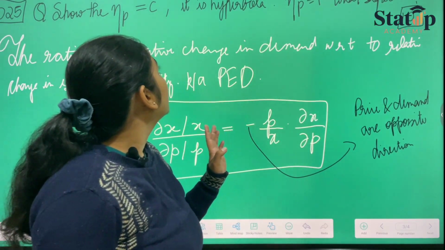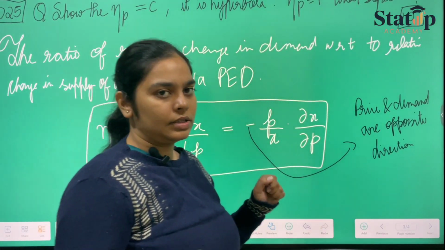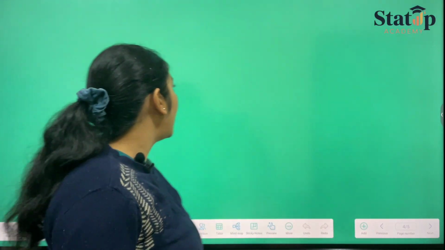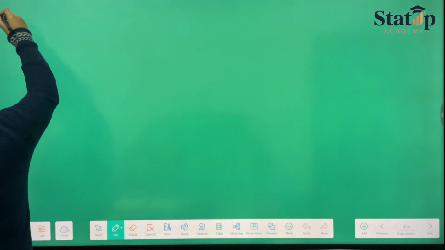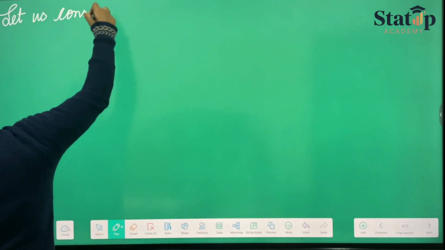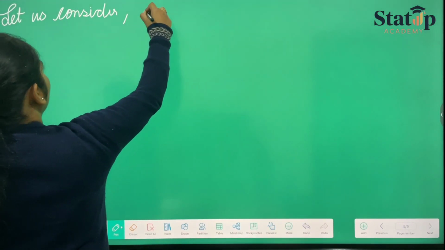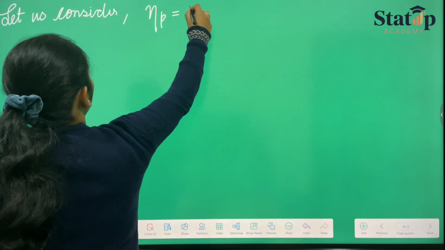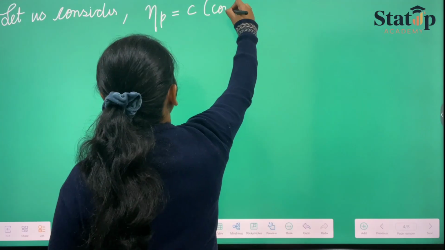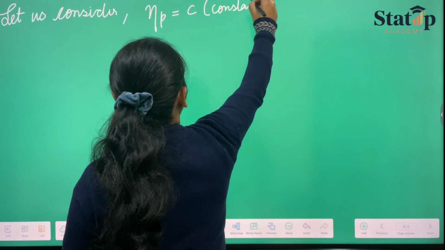Now they have asked that we have to prove that when this equals a constant, then it is a hyperbola. So let us consider that eta P equals a constant c, where c is a constant.